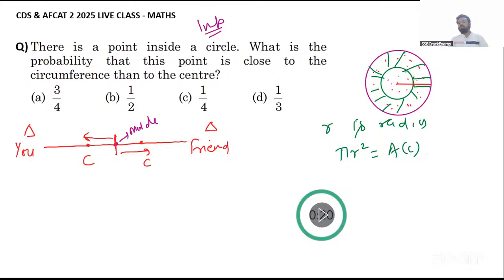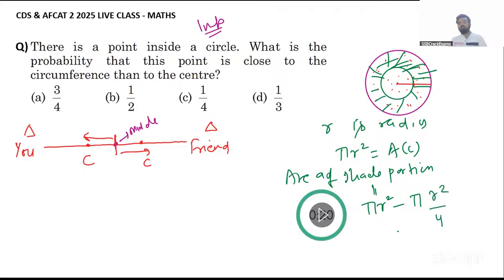The shaded portion is basically known as an annulus, but you might not be familiar with it. So the area of the shaded portion will be this complete area, pi r square, minus the area of the small circle. What is the area of the small circle? Since the radius is now at half, the radius will be 1 by 2 of the original radius. So it will be pi (r by 2) square, which means pi r square upon 4.